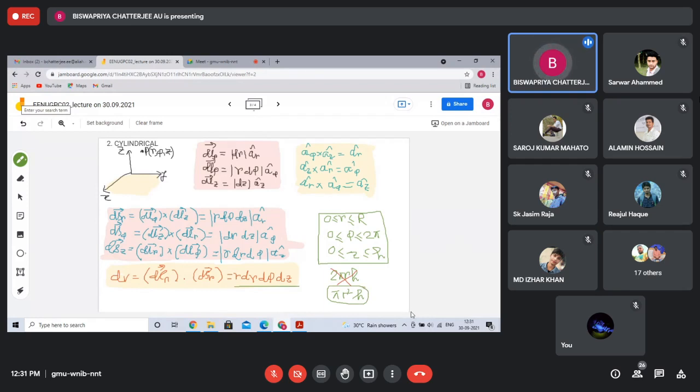What is this pi r square h? Do you remember? Can you figure it out?